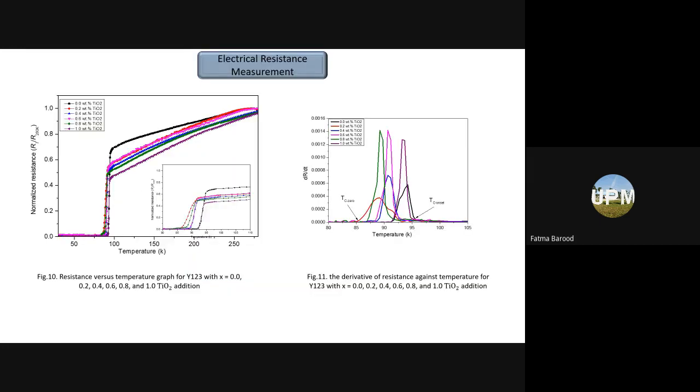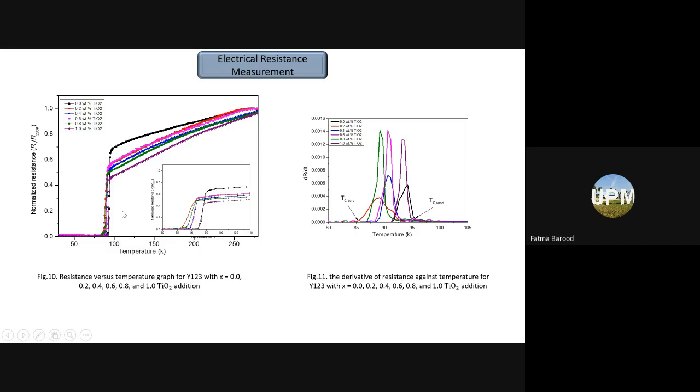Next, the electrical resistance measurement for YBCO with titanium oxide addition. The measurement was done with the 4-point probe method. As we can see from the graph, all samples show metallic behavior in the normal state, followed by a sharp transition to the superconducting state at TC onset.